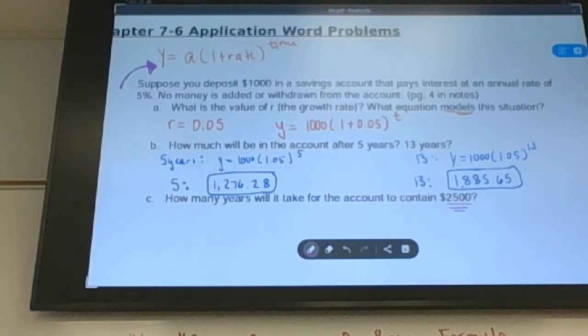This Y is like the amount earned over time. So this time we're going to take exactly what we started with in letter A, but we're going to replace Y with 2,500. The question is, how much time will it take to earn $2,500?